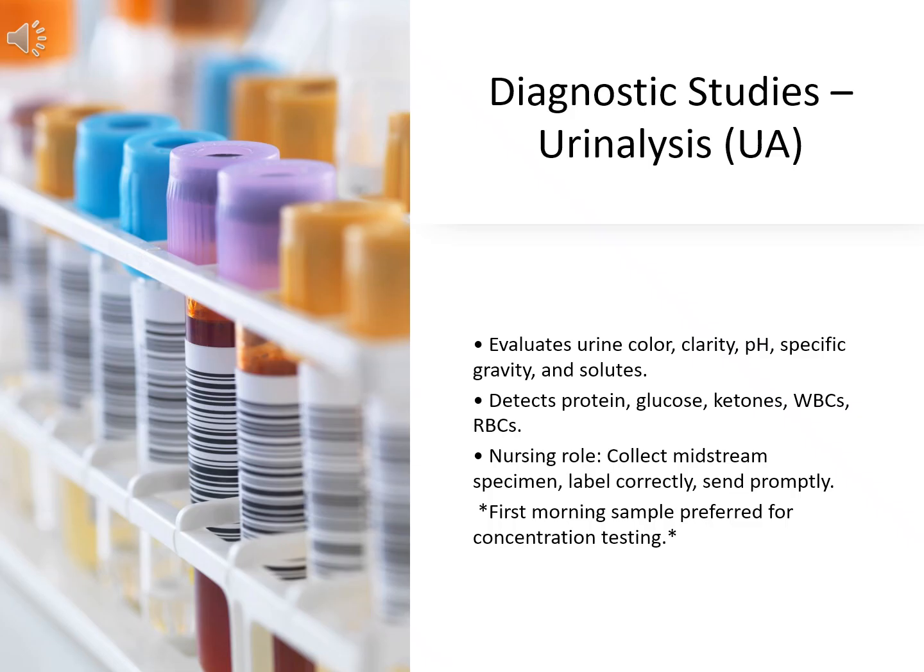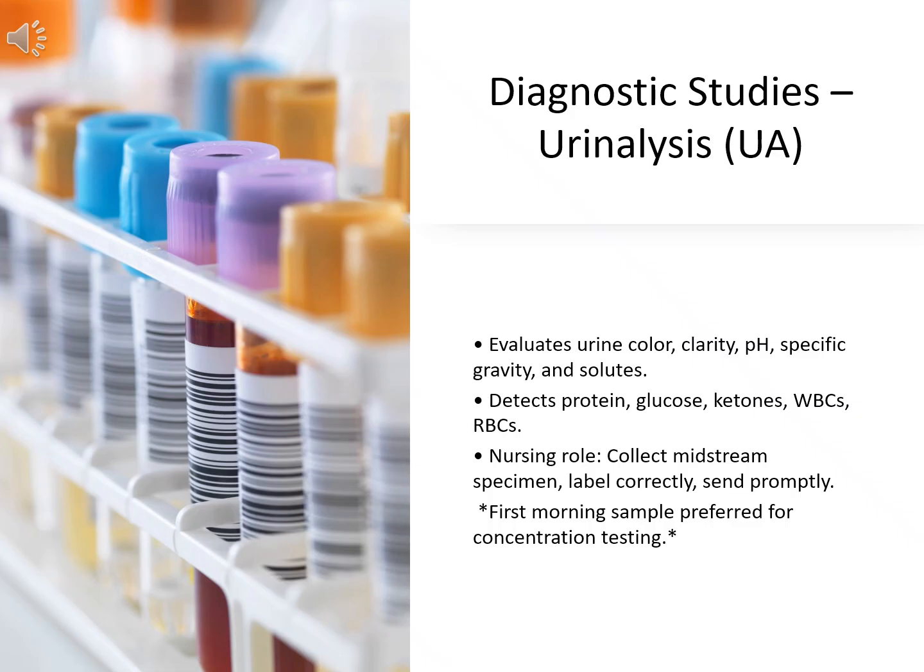And this is looking at the color of the urine, which we talked about, that clarity, looking for any WBC buildup or frothiness or cloudiness of the urine. They're able to check that pH level and look at their specific gravity and concentration of those solutes.